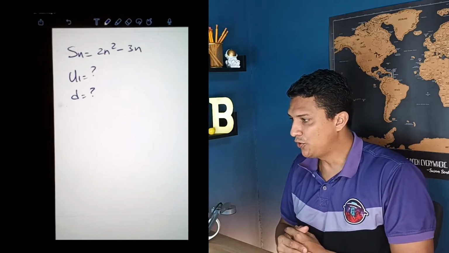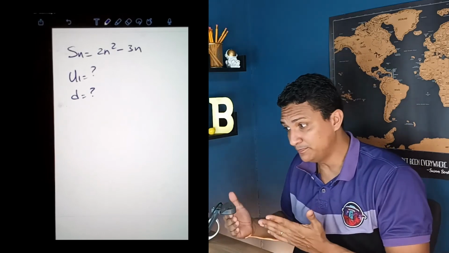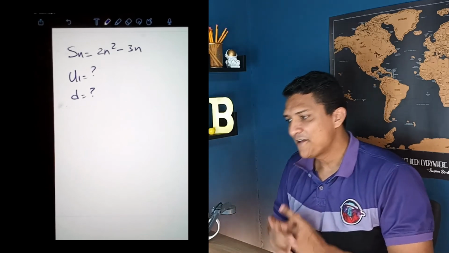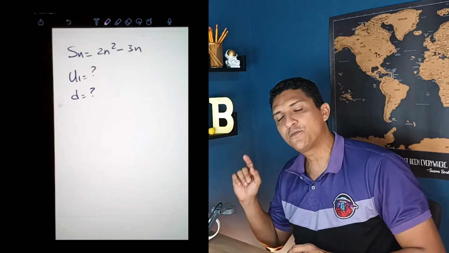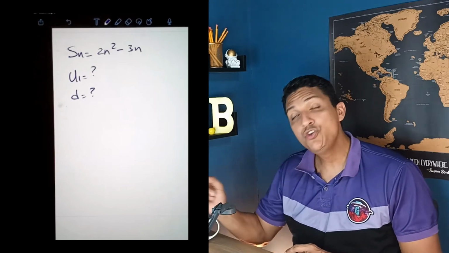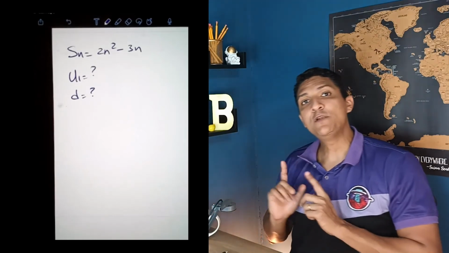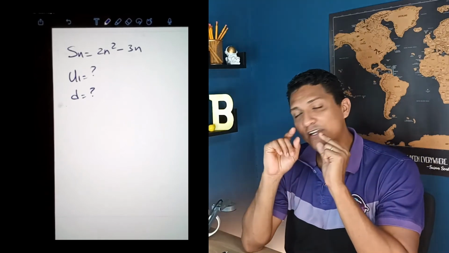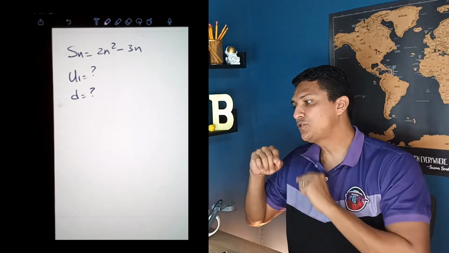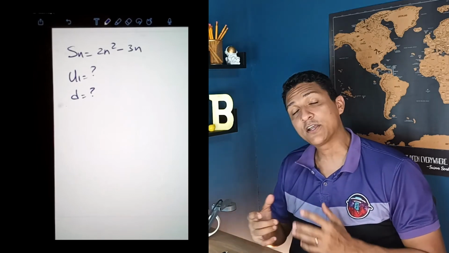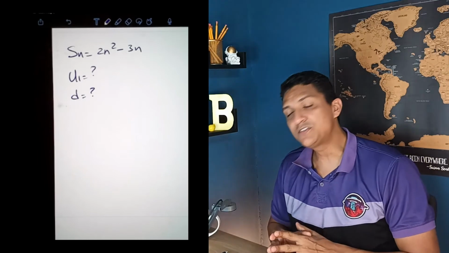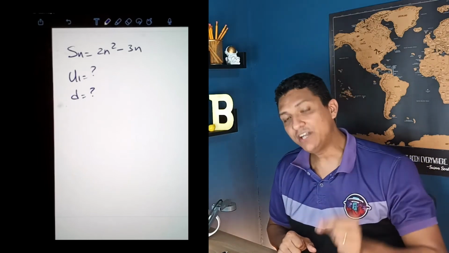They are giving me the expression of the sum, and notice that the question says find an expression for the general term un. Basically, what we need to understand is that with this expression S sub n equals 2n to the second power minus 3n, what they're asking me is to find the general expression.